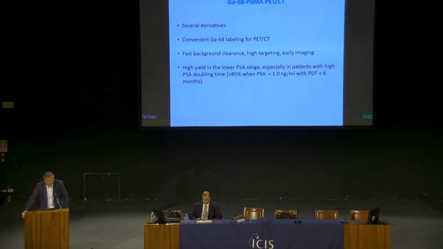So the good thing about PSMA, as shown earlier, is the fast background clearance, high targeting, and you're done within an hour. You have high yields in the lower PSA range, especially in those patients with a high PSA doubling time.